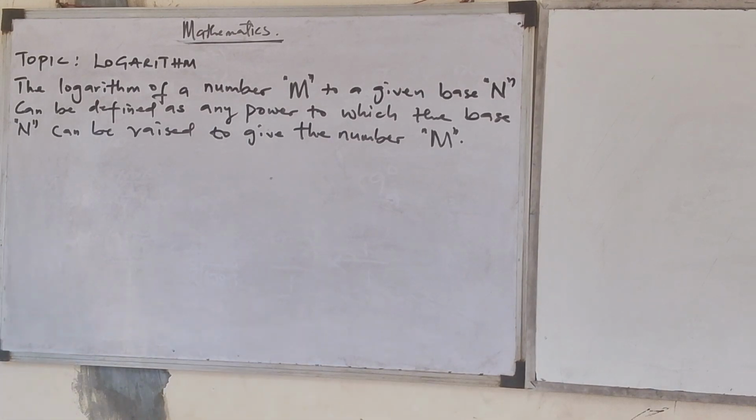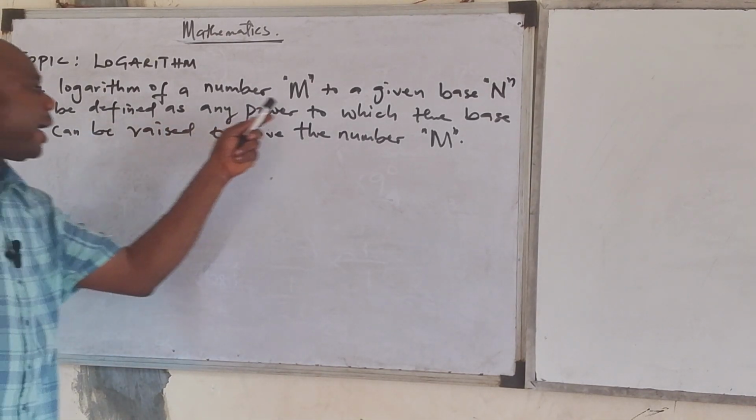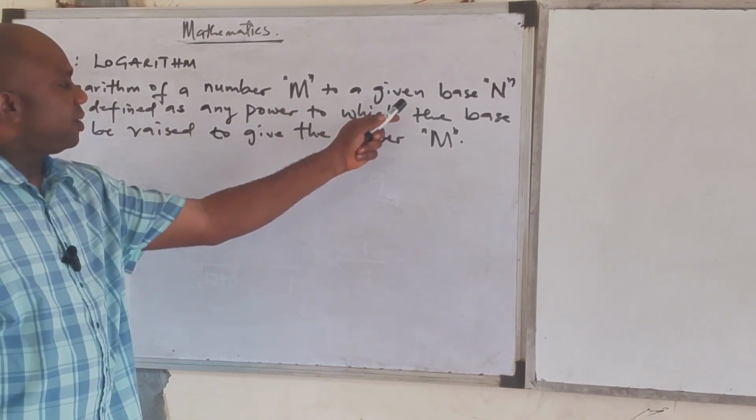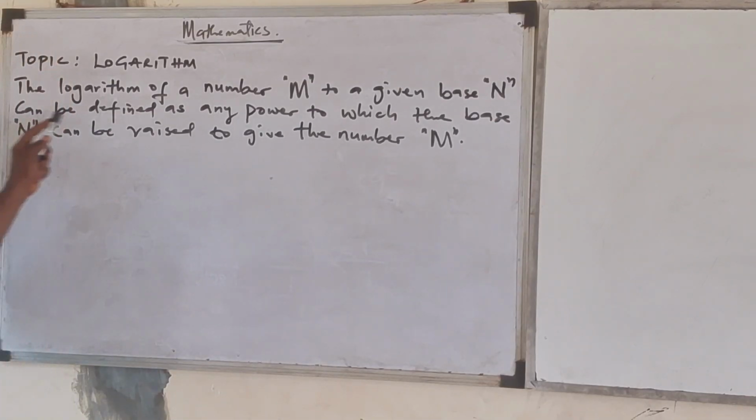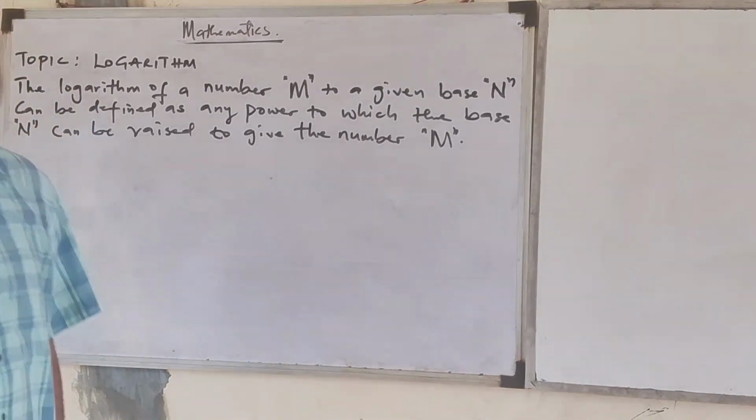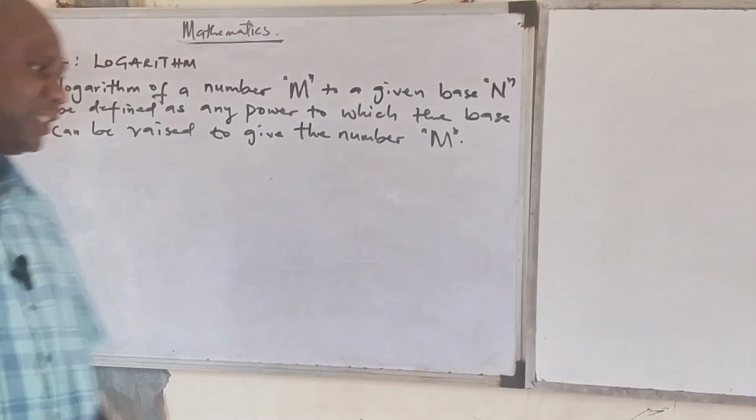The logarithm of a number m to a given base n can be defined as any power to which the base n can be raised to give the number m. Now, this is what we're saying.